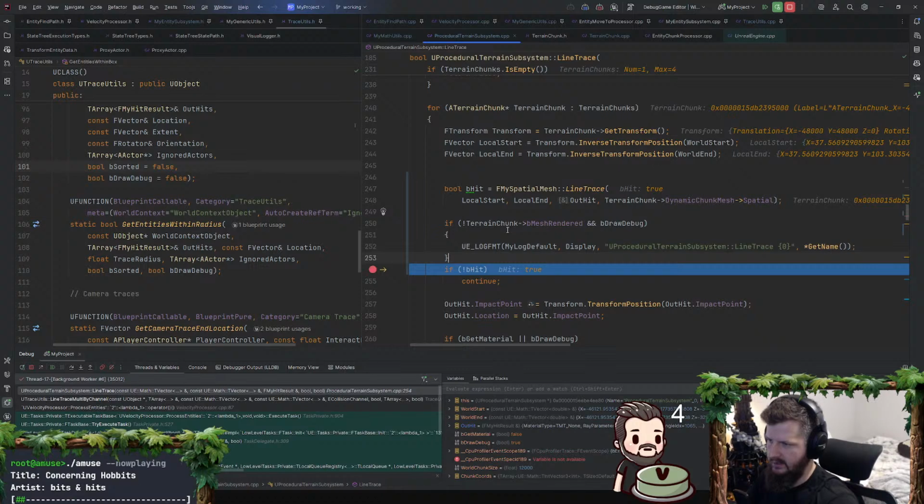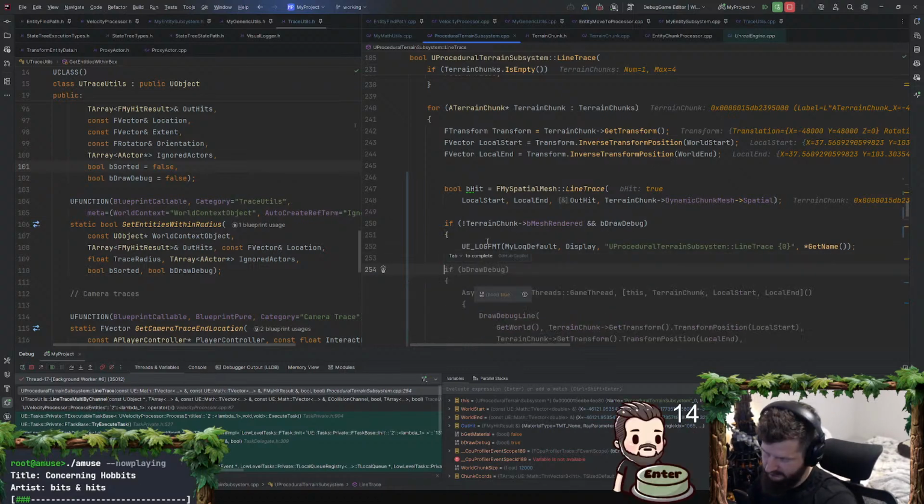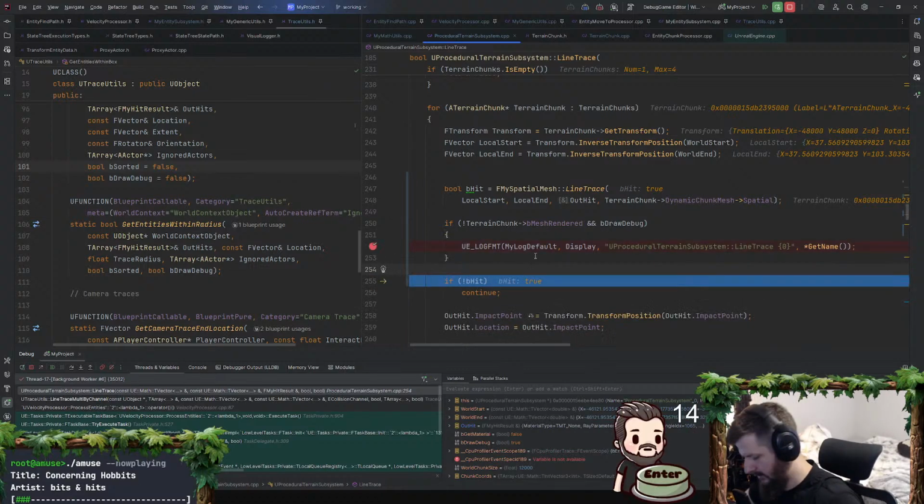I guess this is the if it's not rendered. Put that there, and then we don't have to do the double breakpoint. Yeah.